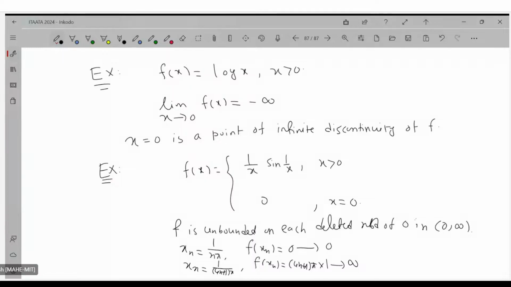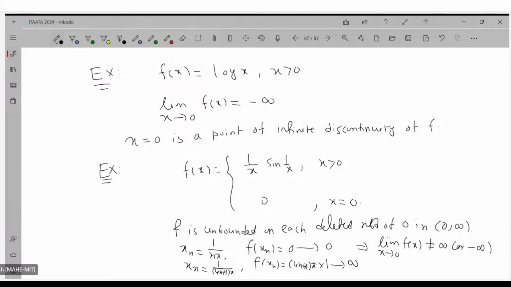So therefore this implies that limit x tends to 0 f(x) is not equal to infinity or minus infinity. So that means 0 is the point of infinite oscillatory discontinuity for this function.